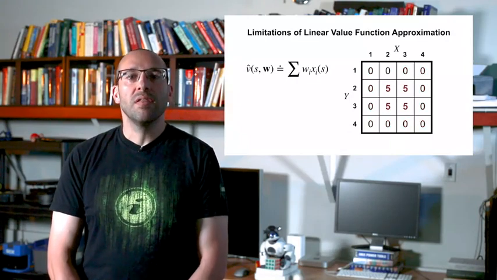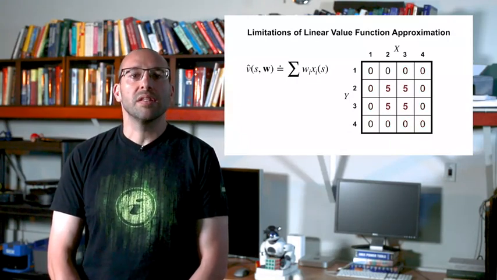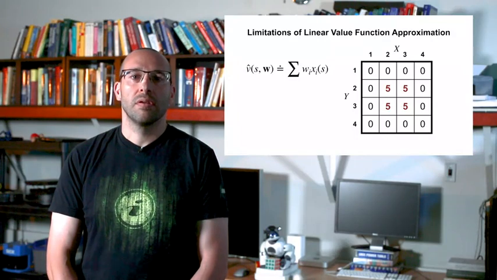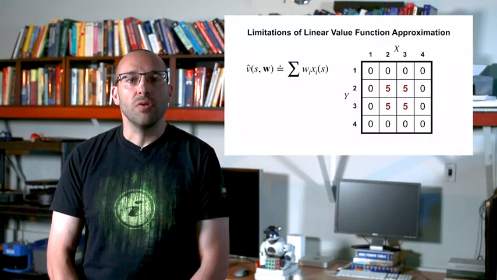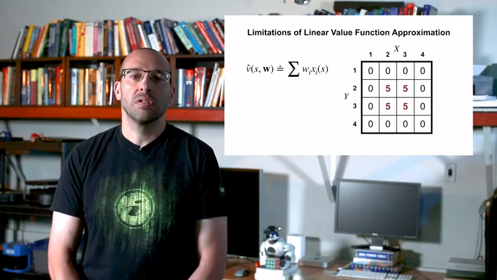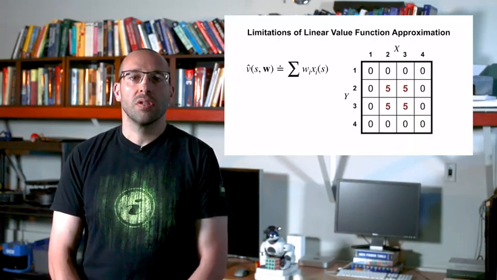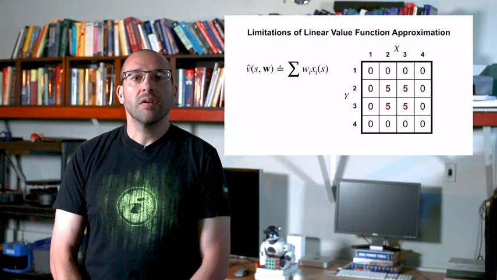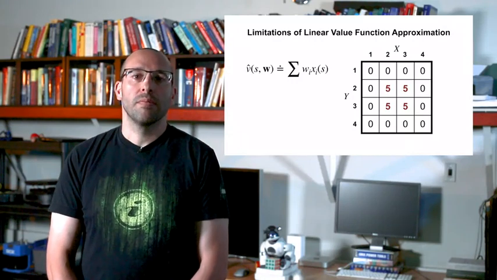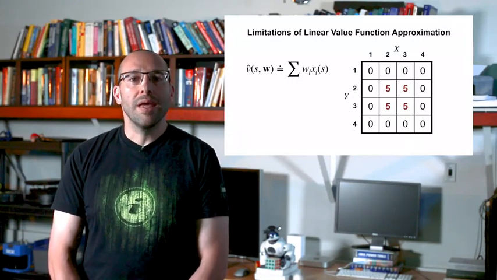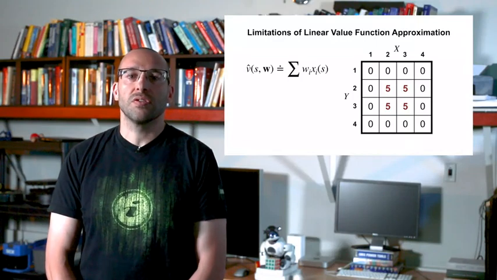However, that would mean these inner values are not correct because at least one of w1 and w2 must be non-zero for the sum to equal 5. But we don't have to use x and y as features. Linear function approximation relies on having good features. Here, x and y are not good features for this problem. But as you'll see later, there are many powerful methods to construct features.